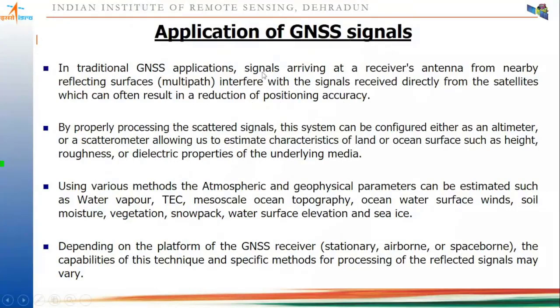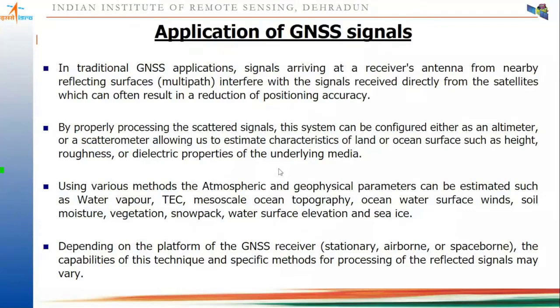By properly processing the scattered signal, this system can be configured either as an altimeter or a scatterometer, allowing us to estimate characteristics of land or ocean surface, such as height, roughness, or dielectric properties of the underlying media.